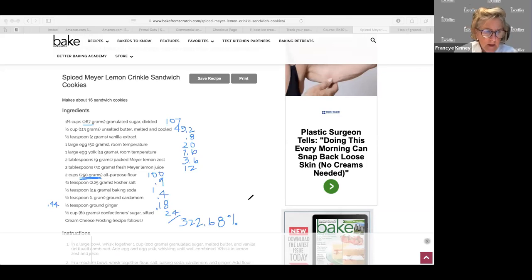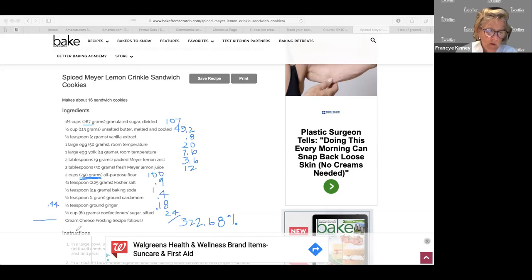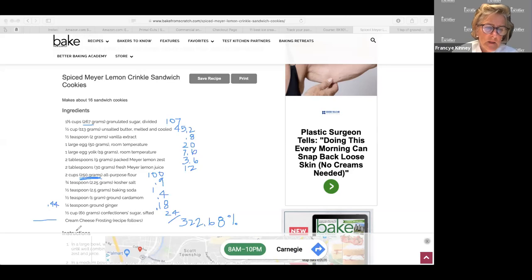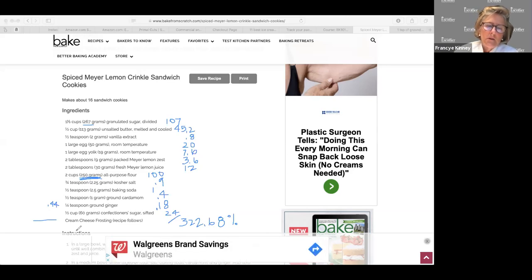All right, and then let's figure out what the overall yield is. So they're saying it makes about 16 sandwich cookies. So they're probably getting 32 individual cookies. So let's take a look.